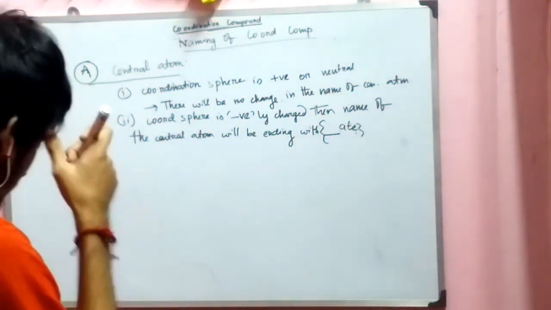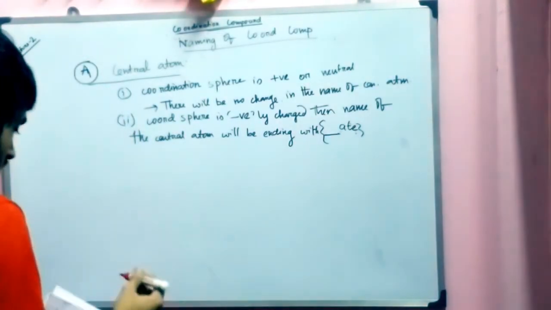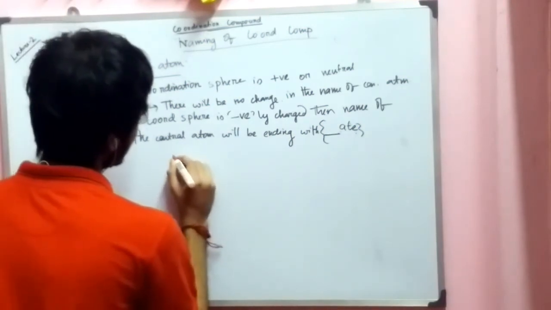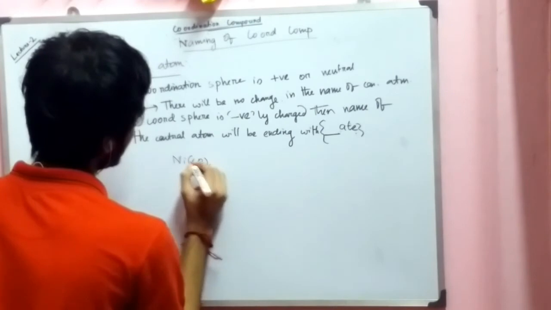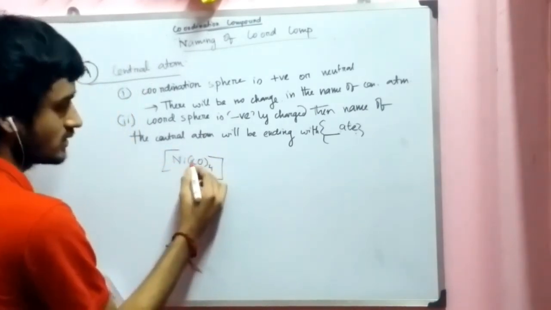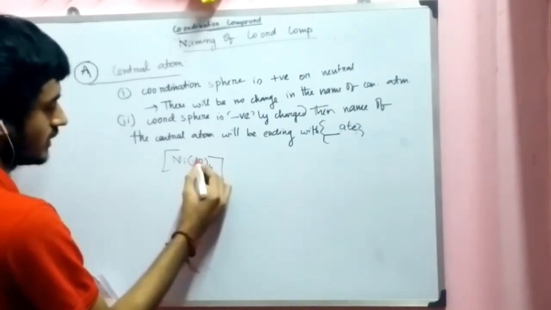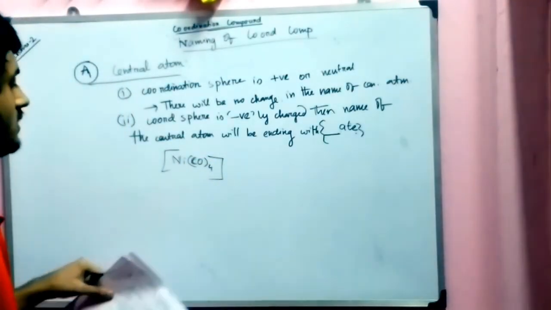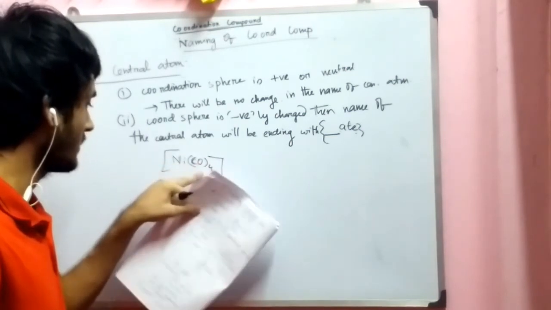So let me take 2 examples to make you understand these 2 points. The first example I will be taking is Ni(CO)4. The CO is carbonyl. This is not cobalt, it is carbon and oxygen, nickel carbonyl complex.